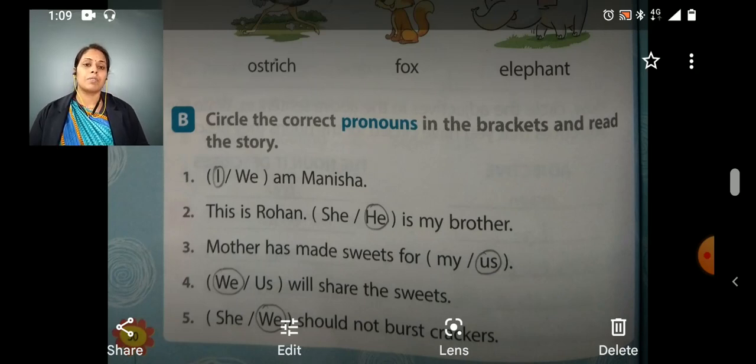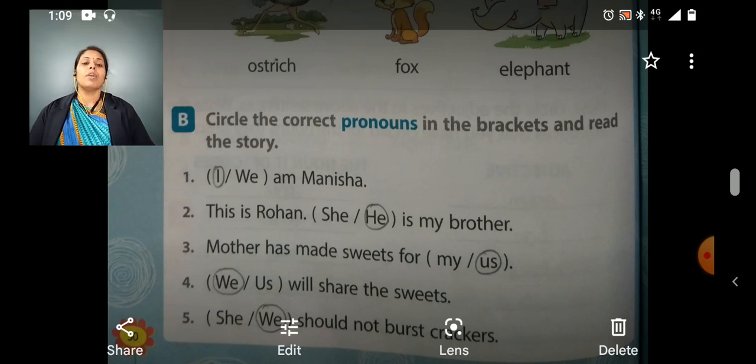First you read the sentence, then you think which pronoun is correct and suitable for the sentence. Then you have to put a circle on that pronoun, because the instruction is to circle the correct pronouns in the brackets.